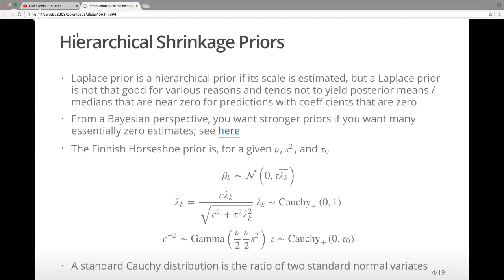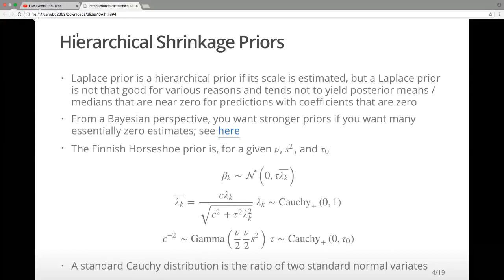In any event, what are the parameters? Well, there should be a comma there. The shape of nu over 2 and rate, or probably scale, actually, of nu over 2 times s squared. Tau that goes into this expression here also has a half Cauchy prior, although you can choose a scale parameter tau naught, and you can choose what value of s to give.